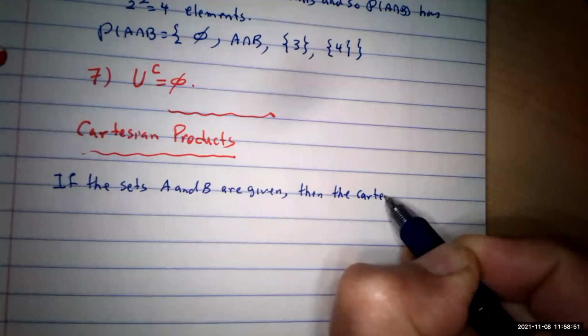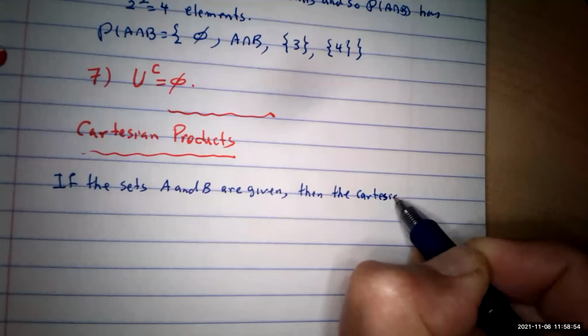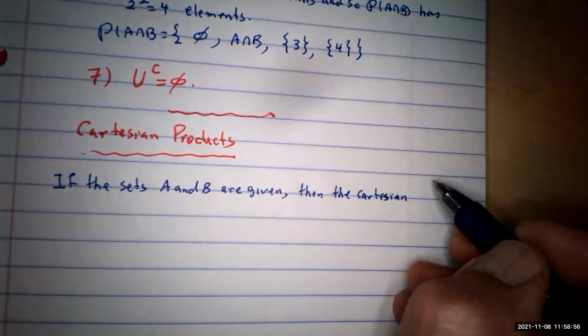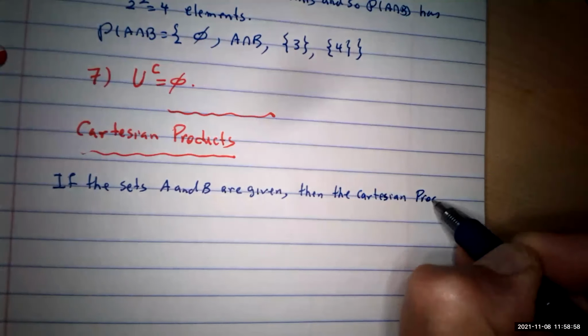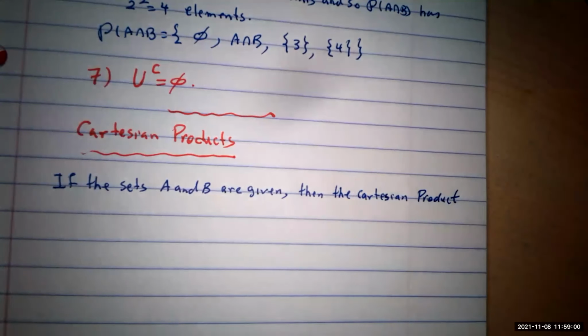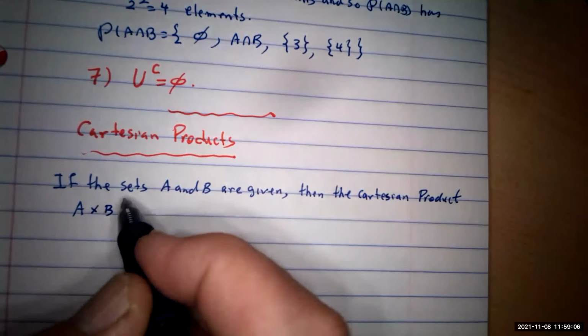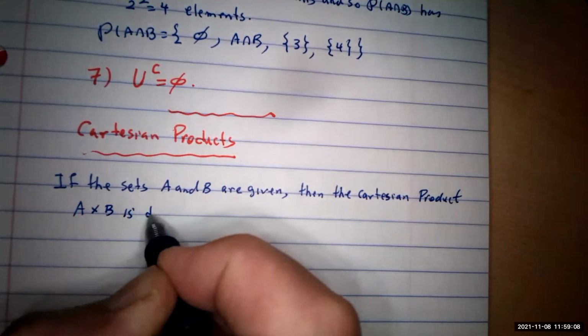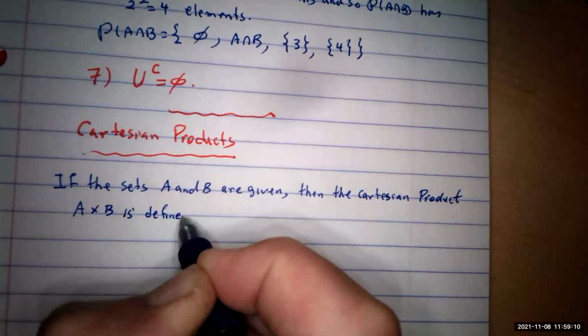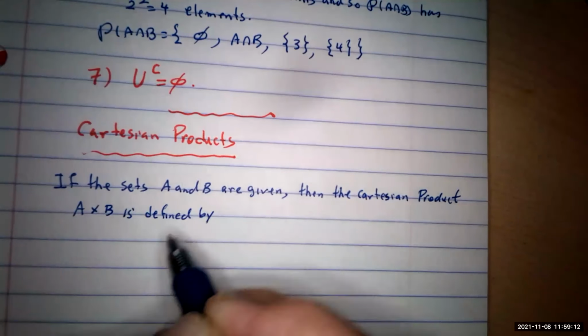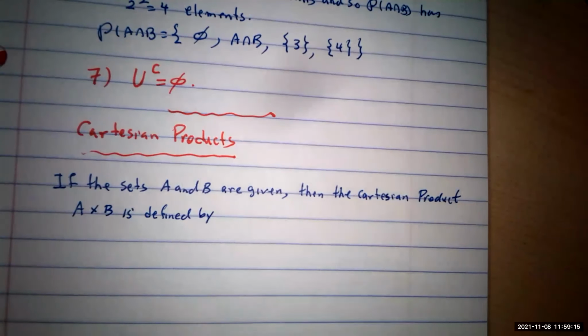Cartesian, you know that is from René Descartes. The Cartesian product A cross B. A cross B is going to be defined by this one, a defined set of ordered pairs.